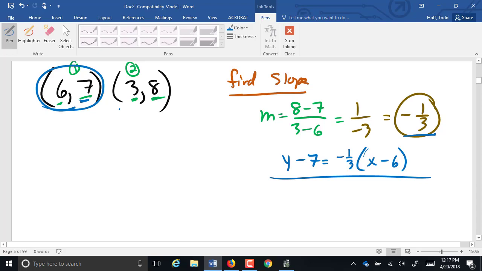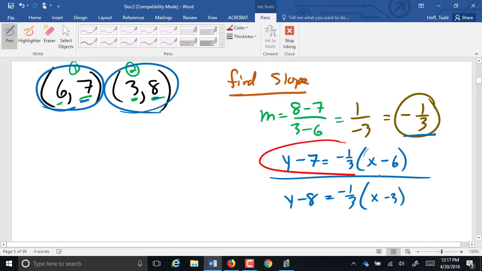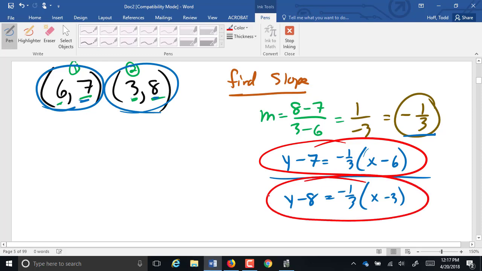Or I could use the second point and the point slope, y minus 8 equals negative 1/3 times x minus 3. Those 2 equations, even though they look very different right now, are actually equivalent.